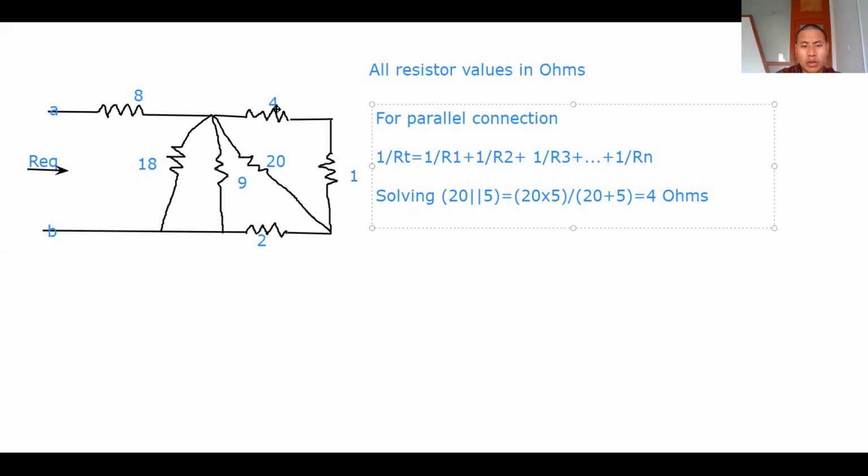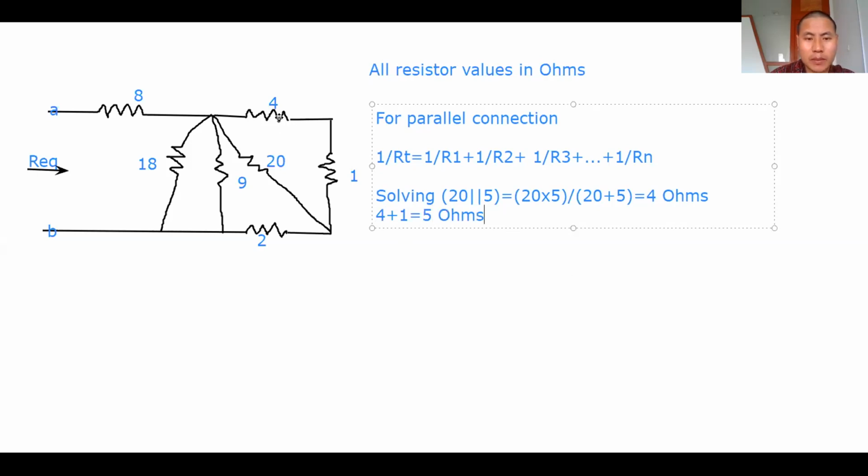We solve that one, and we got the equivalent resistor 4 ohms. Now this 4 ohm plus 1 ohm is connected in series. So 4 plus 1 is equal to 5 ohms.